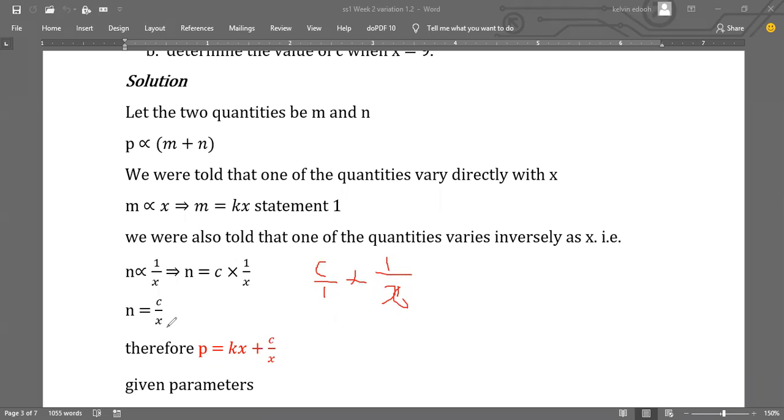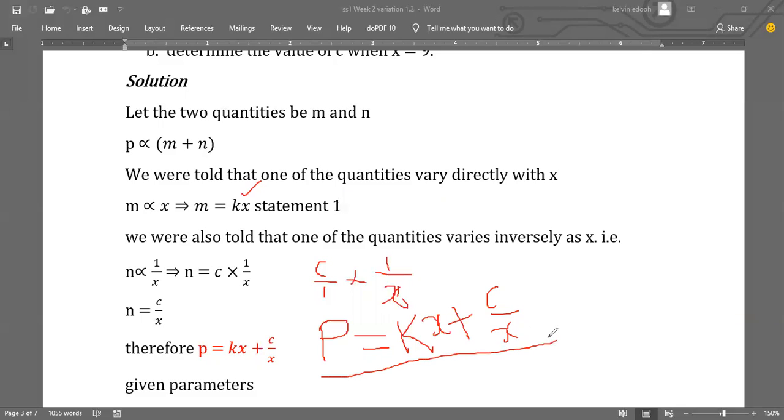Since I've analyzed these statements, I'll write P is equal to the sum of statement 1, which is Kx, plus statement 2, which is C over x. And that is the relationship.